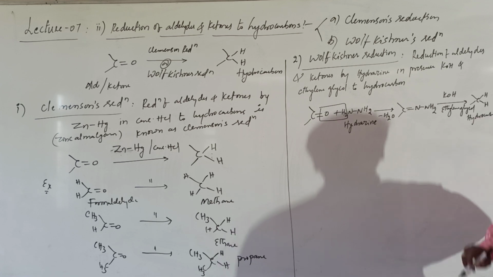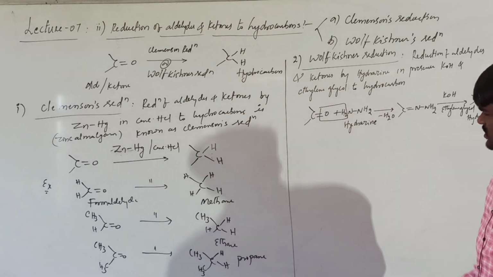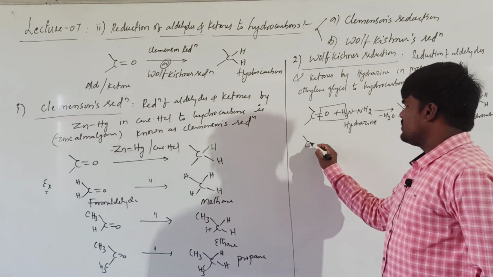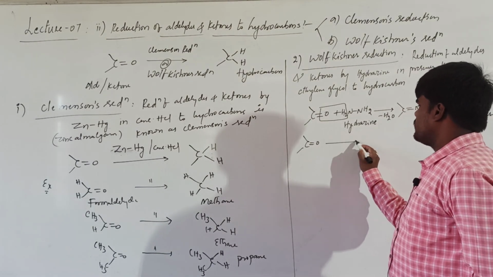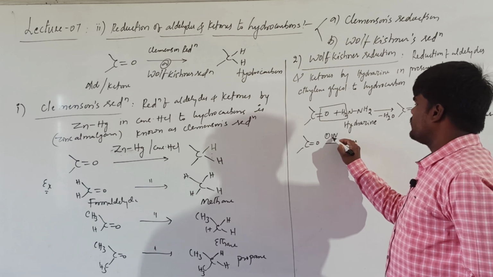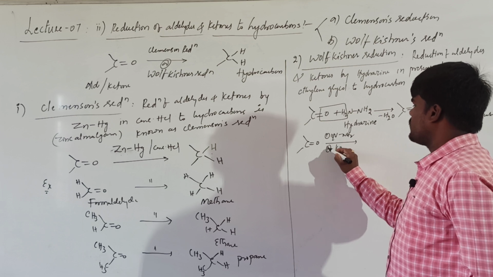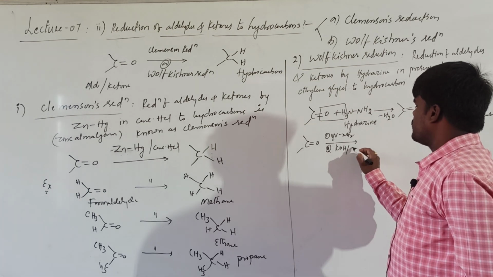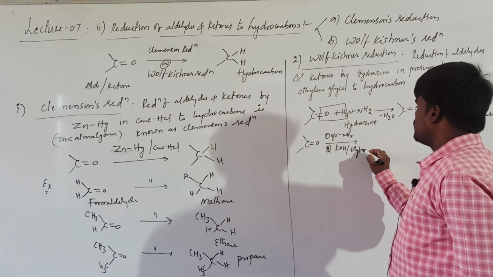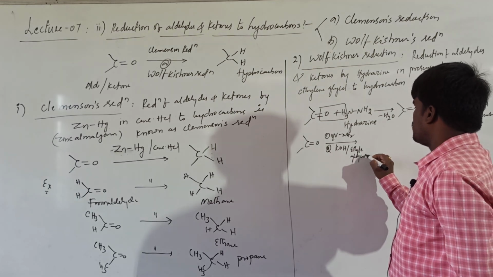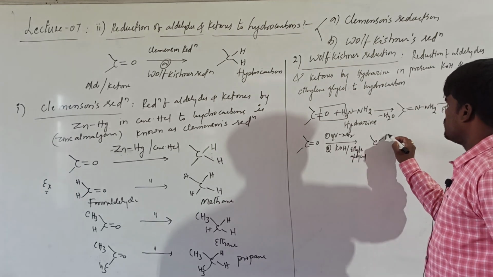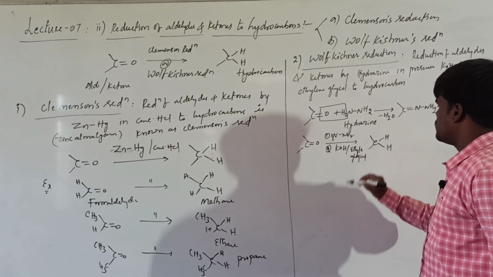Simply, you can also directly write this as: any carbonyl group, when treated with hydrazine followed by KOH and ethylene glycol, will be converted into a hydrocarbon.